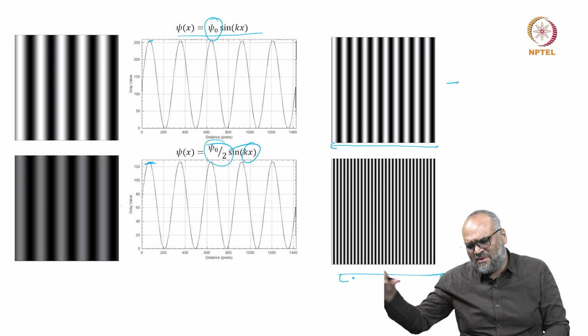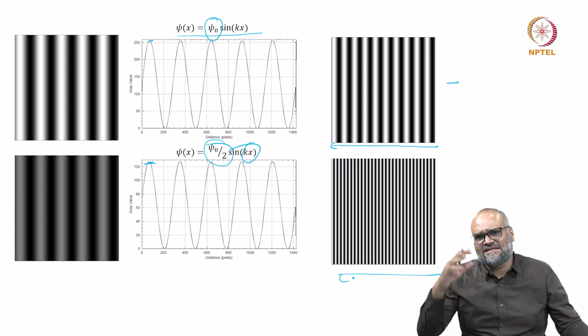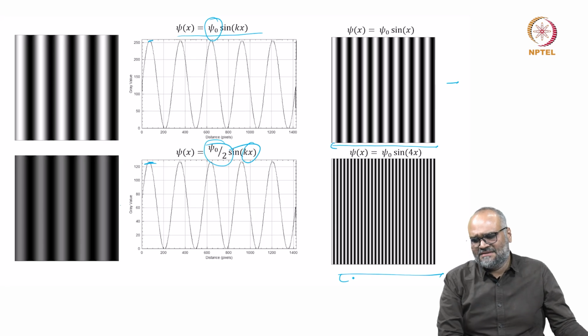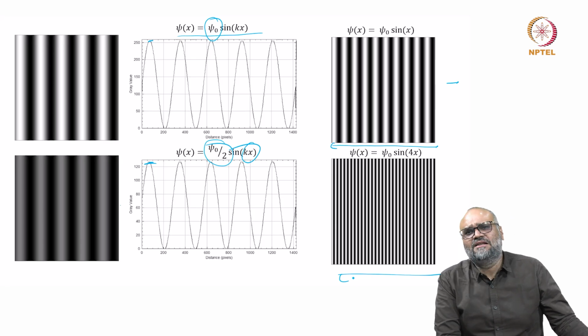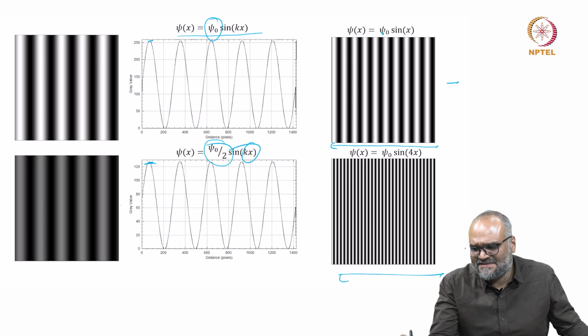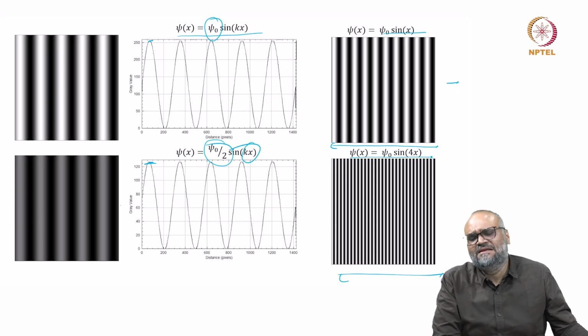I have more of these maxima and minima, the crests and troughs in the periodic waveform here. So, if I look at the sinusoidal wave notation, the image on the top can be represented as psi naught sin x and the image on the bottom can be represented as psi naught sin 4x.